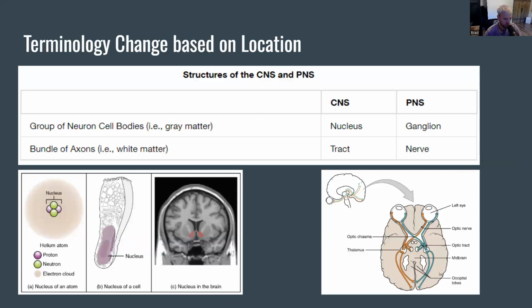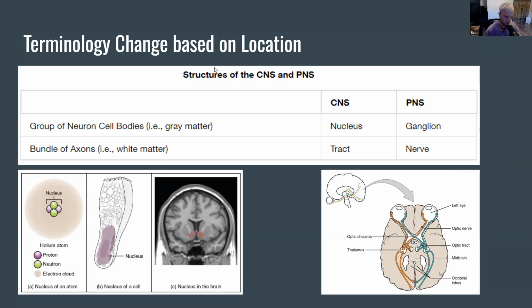Perfect. This next slide is reiterating the fact that you have two different naming systems based on which location of the body you're in, but you're essentially talking about the same things. When we talk about groups of cell bodies, like your gray matter in the central nervous system, we call those nuclei, or a nucleus if it's singular.